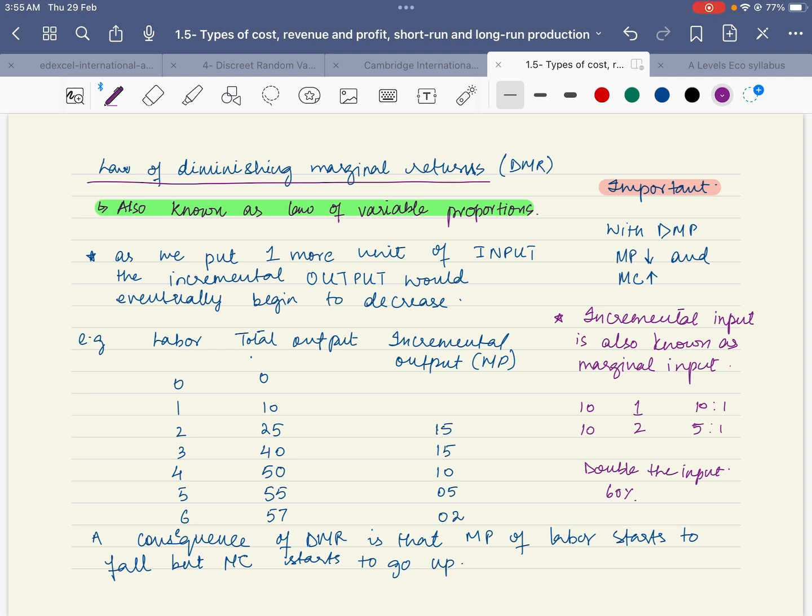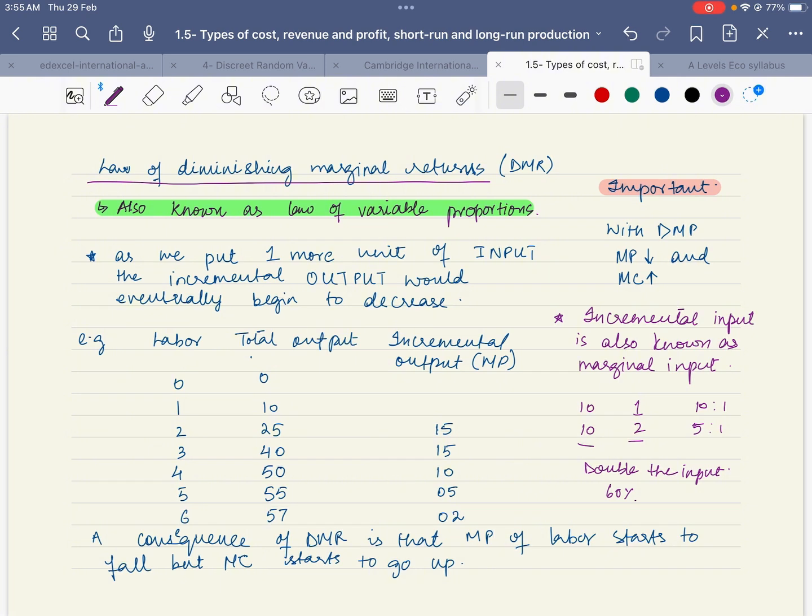There can be a scenario where the output doubles, but that is achieved in the long run, not in the short run, right? So the law of variable proportions suggests that in the short run, when you vary one factor of production such as labor, the proportion of this factor with other factors changes and does not remain the same, which has an impact on the output.